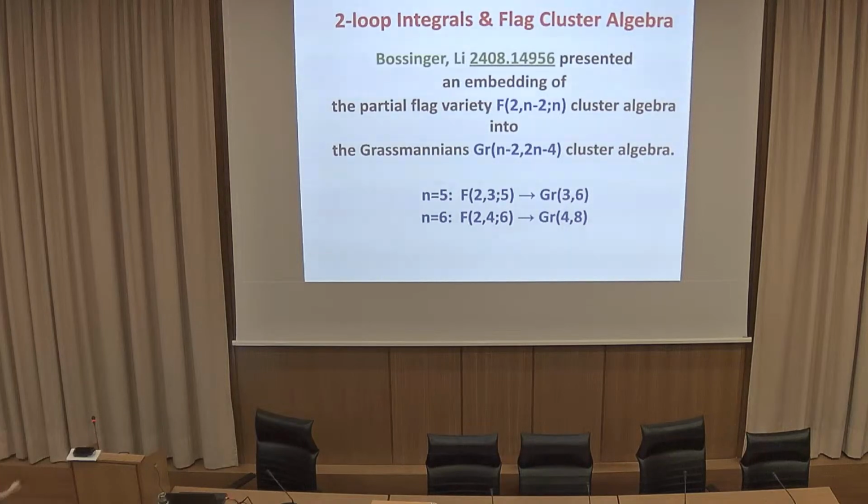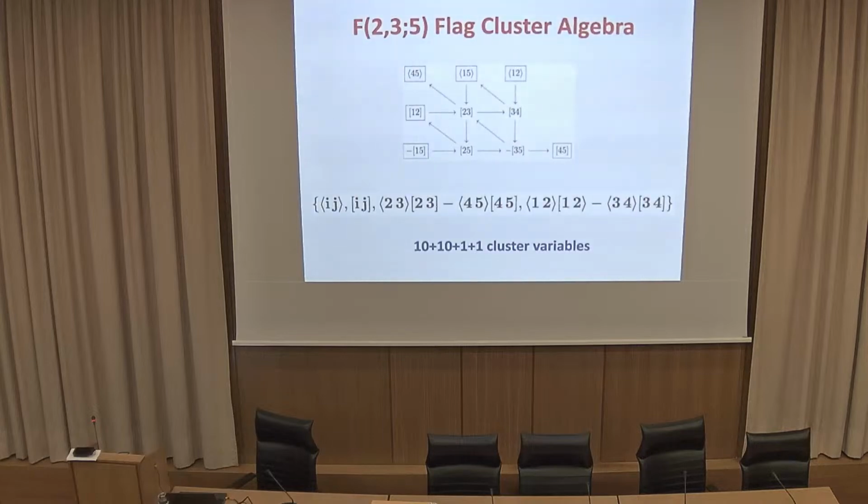They've been developed for some time, but it's been realized that flag cluster algebras could possibly be relevant to the variables used in massless scattering, in the so-called spinor helicity formalism. I don't want to go into details. All I want to show you is that, similar to how I had A2 and then Grassmannian quivers, you play with them and you produce the variables.